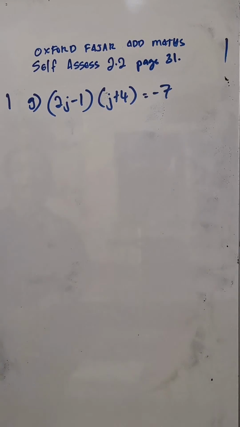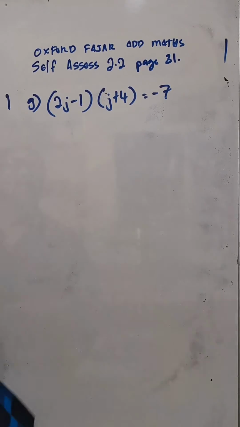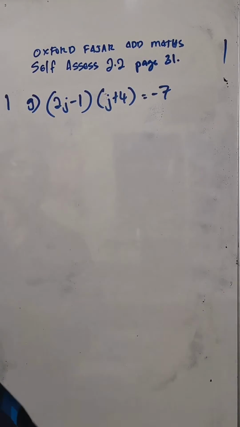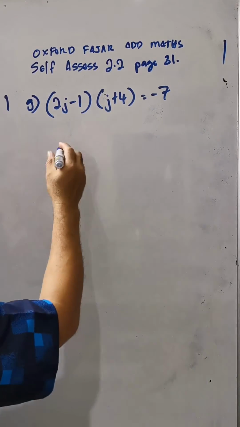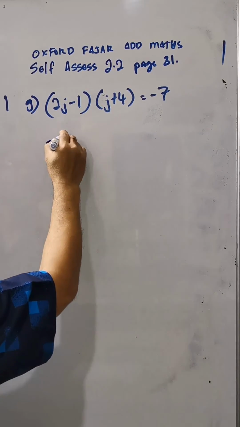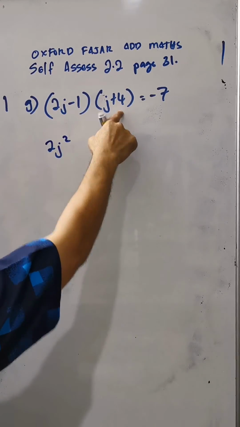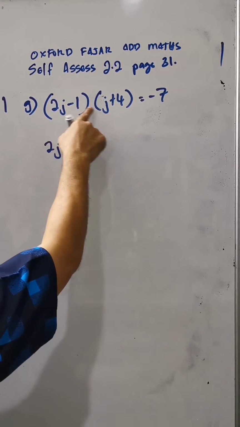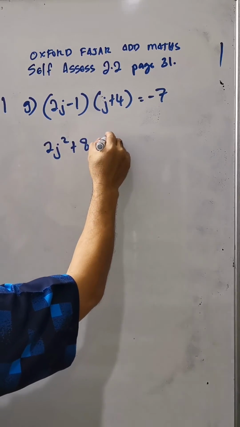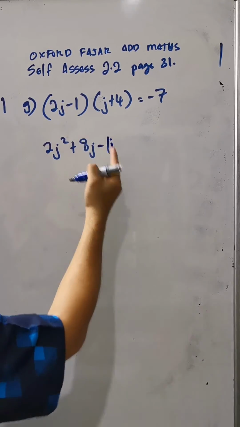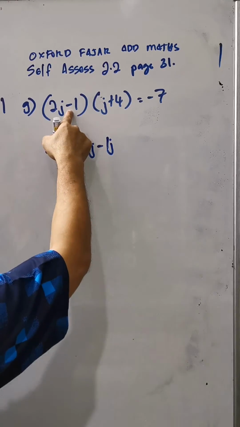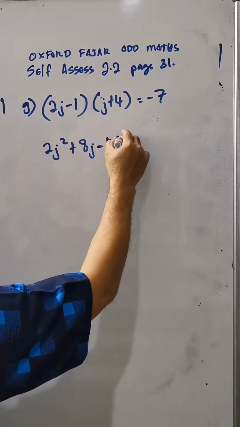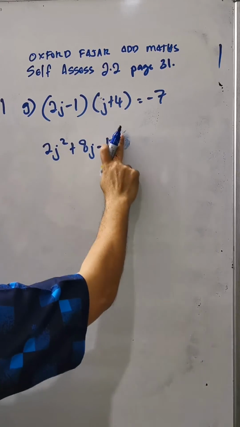Okay, we are at number 1G. There are two brackets here. Just multiply. 2J times J will be 2J squared. 2J times 4 is positive 8J. Negative 1 times J will be negative 1J, or you can just write negative J. And then negative 1 times 4 will be negative 4.